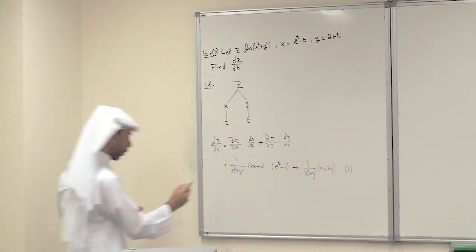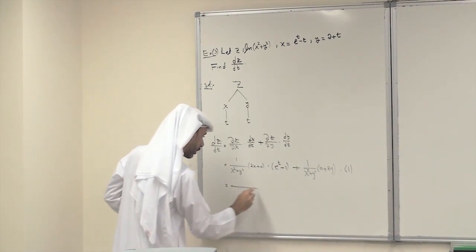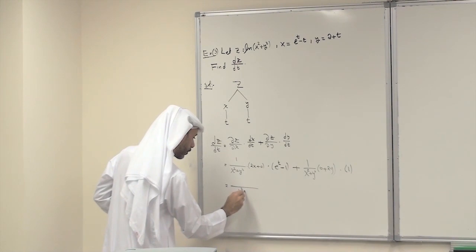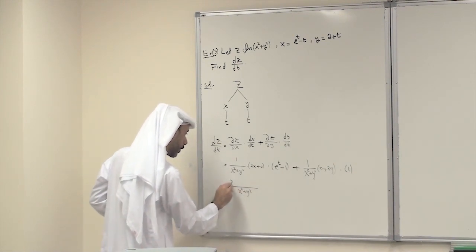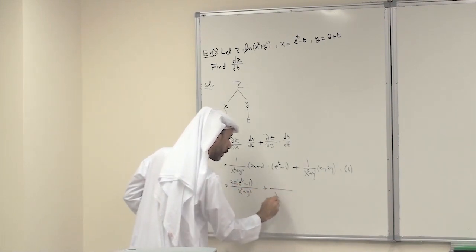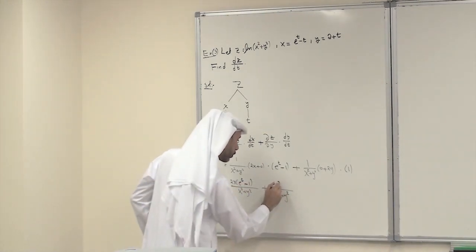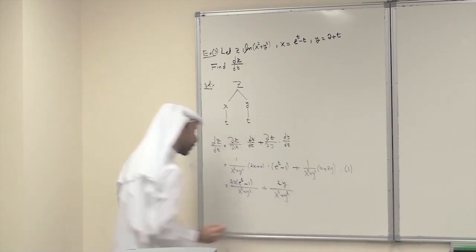Now we simplify our work, so this becomes 2x(e to the power t minus 1) over (x squared plus y squared), plus the denominator x squared plus y squared, and the numerator is just 2y.